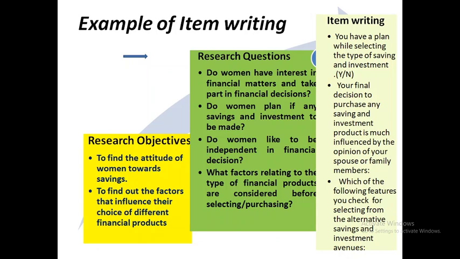This type of categorical responses are given in the question. This question is related to the research question: what factors relating to the type of financial product are considered before selecting or purchasing? And this research question is related to the second research objective, to find out the factors that influence your choice of different financial products. So here I have shown you the example.